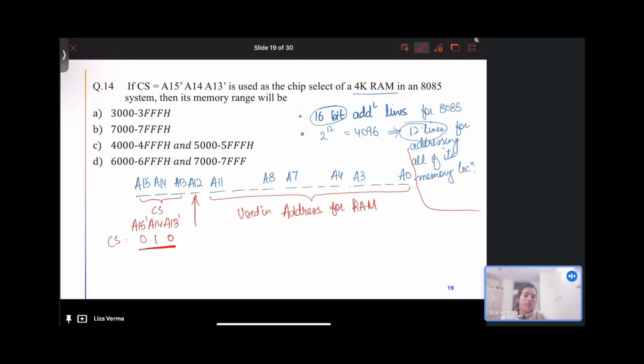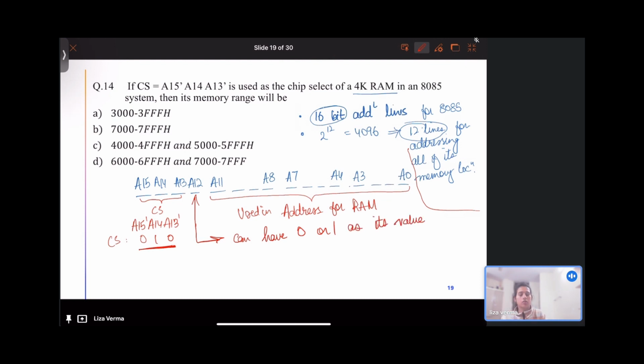What will be the value of A12? Since it's not mentioned, and we know that a bit can have two values, zeros or ones, A12 can have 0 or 1 as its value.